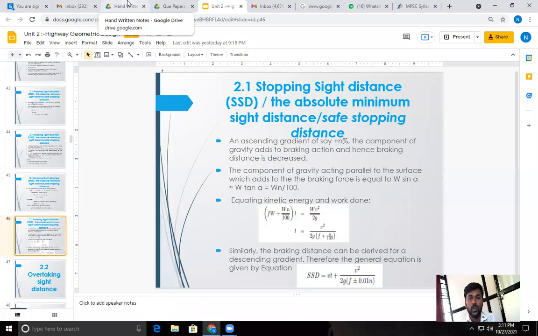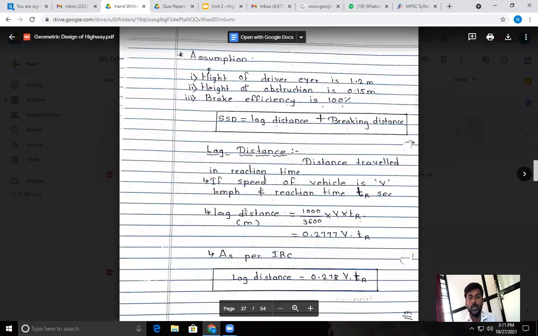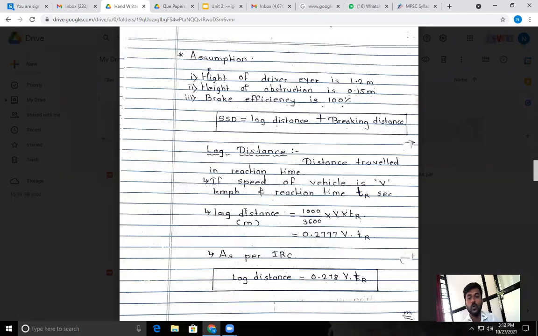If velocity is asked in kilometer per hour, then as per the IRC, the lag distance is equal to 0.278 V TR, where TR is the reaction time and V is the speed of the vehicle in kmph.